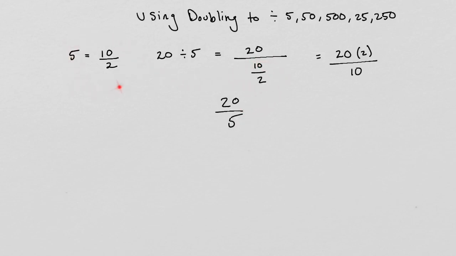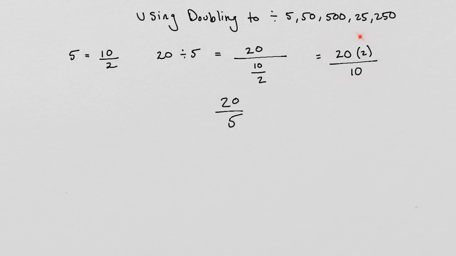Because 5 equals 10 over 2. Anyone who knows their fractions knows when you divide a number by a fraction, you invert and multiply. So what we're left with is this.